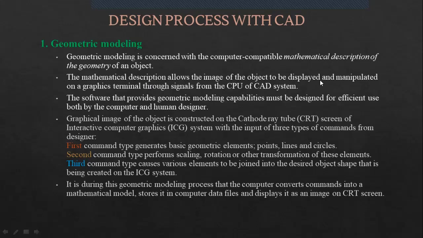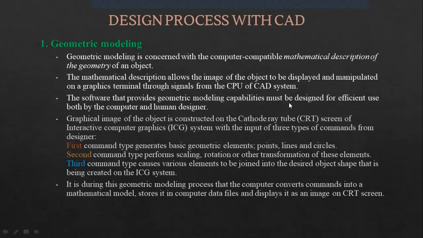Manipulated in the sense you can visualize it with different features that we have, like scaling, right? You can scale the model, zoom in and zoom out to see the different features, or if it requires detailing. So that's manipulation: scaling, rotation, transformation. You can move the model as well, you can place it.